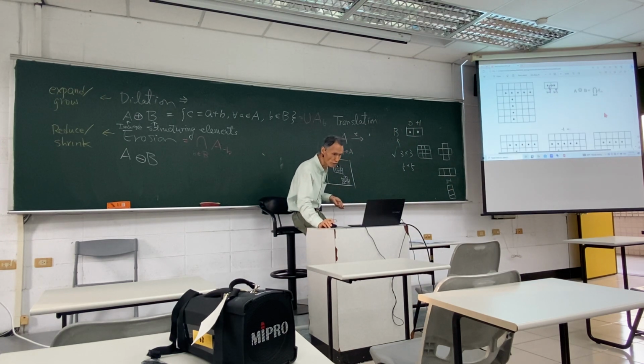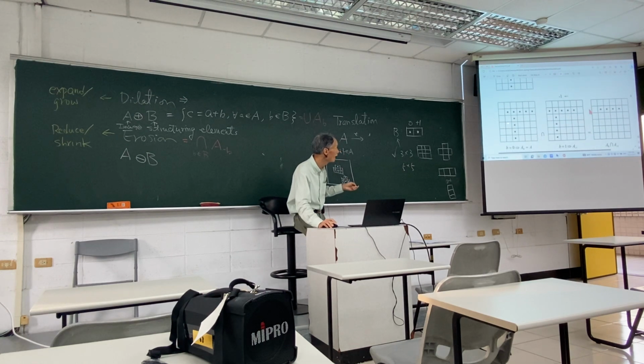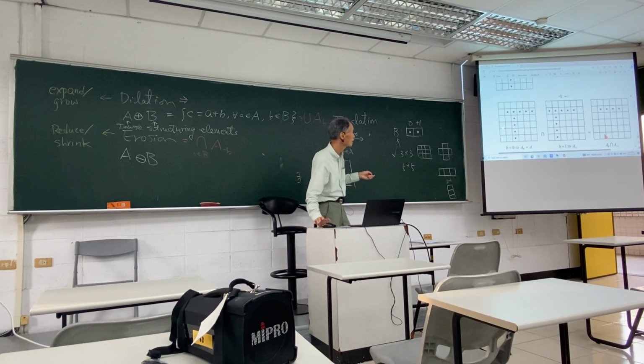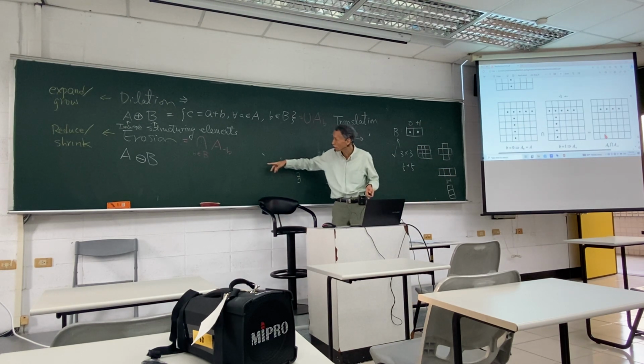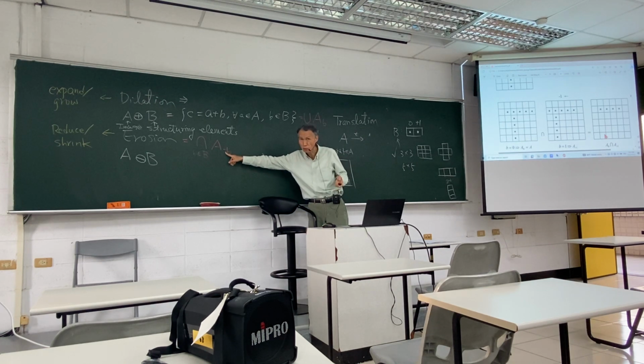But by definition, okay, if we go for this definition, this is A. Okay? This is A. Now, first we do nothing, right? This original size. And then we need to put A minus 1, not 1, minus 1. So we shift it to the left, not to the right, because by definition, we shift it by minus B. Okay?